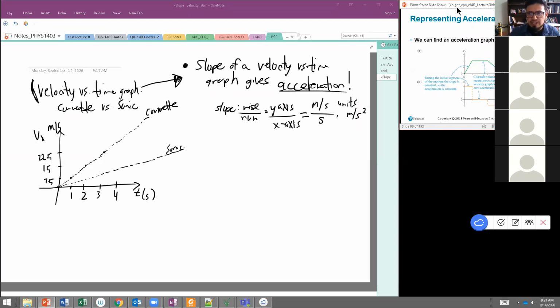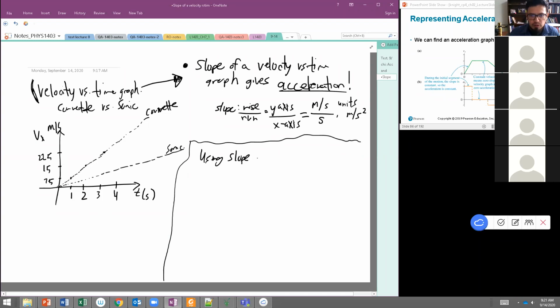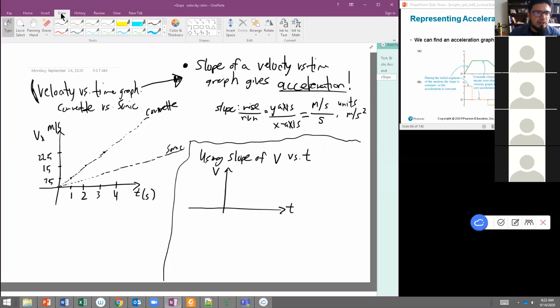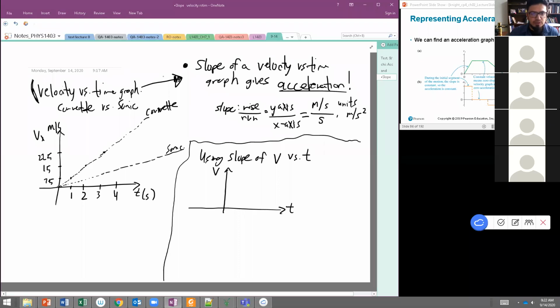And so what that also means is that you can obtain accelerations from velocity graphs by just looking at the slope. So in that case, if we were to take another example here that's using this idea of a slope of a velocity versus time graph, if we start off with a plot like they're showing on the slide here, and I'll try to color code just to make it similar to what they're doing here.